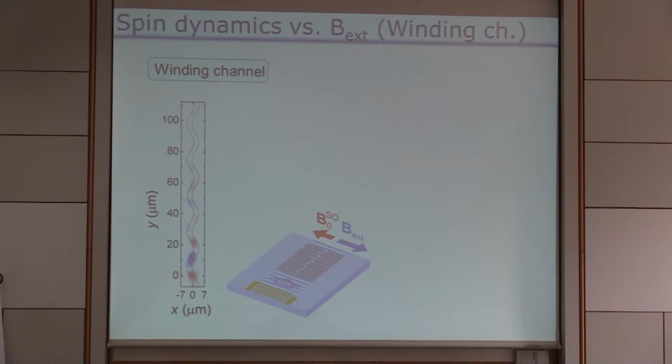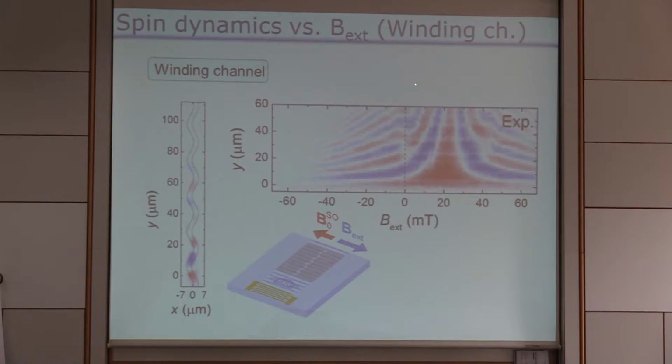For the winding channel, we also apply the magnetic field in the same direction, and we see characteristic features around here and here. This is caused by the electron spin resonance. The reason why these appear in two regions is that the spin dynamics is determined by the total magnetic field.